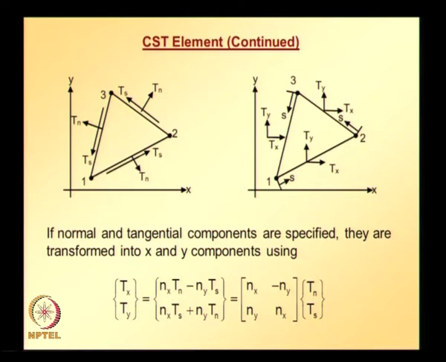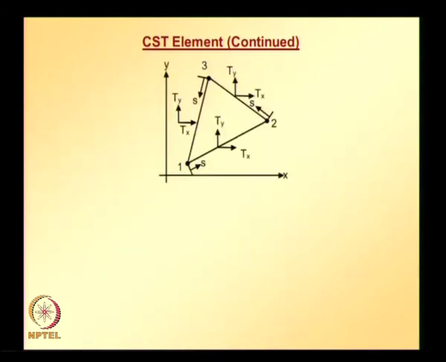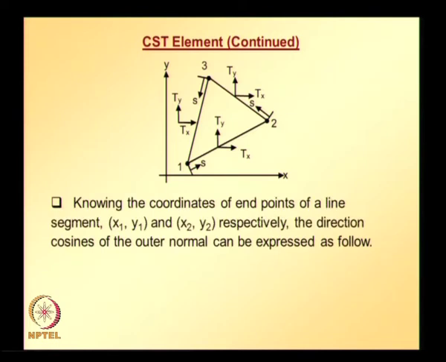Once we know the nodal coordinates of the line passing through that edge, we can easily calculate nx and ny of the outer normal of that particular edge. So, this is how we can calculate.